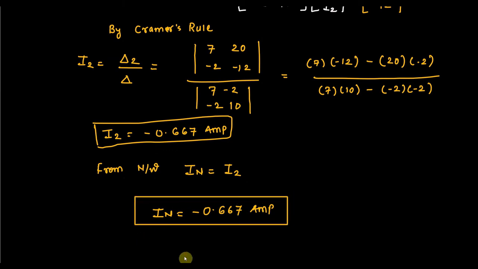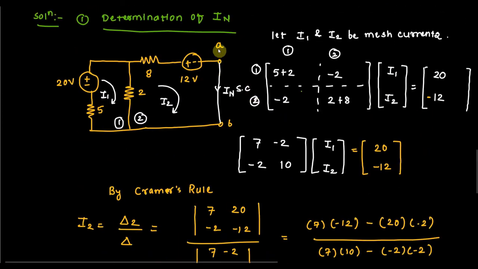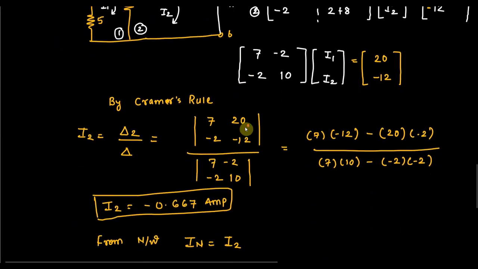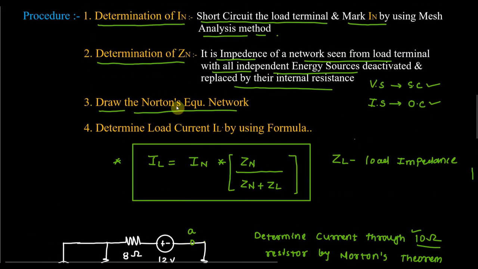You can see that you get a negative value here. Negative means that we assumed the current flows from A to B, but actually the current is flowing from B to A, in the opposite direction of our assumption. So you can see that by using a simple method, mesh analysis, we have calculated the value of IN.